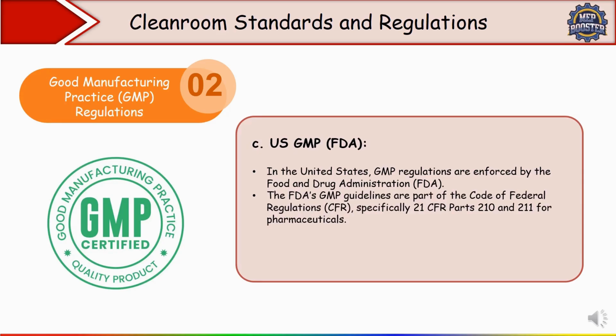FDA GMP guidelines are part of the Code of Federal Regulations, specifically 21 CFR parts 210 and 211 for pharmaceuticals. 21 CFR part 211 outlines current good manufacturing practices in manufacturing, processing, packing or holding of drugs. It includes requirements for facilities, equipment and controls to ensure product safety and efficacy.